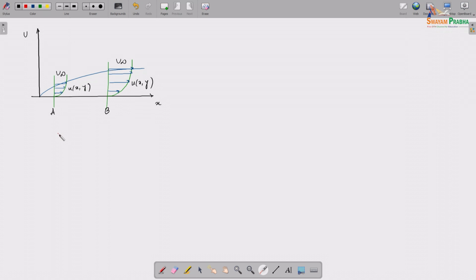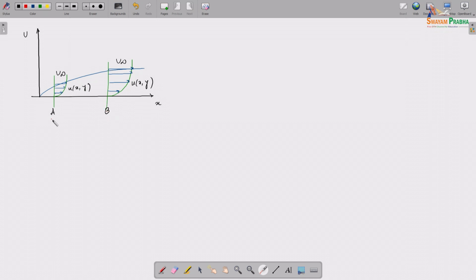So essentially what that means is that if I look at the velocity profile at a particular location and then scale it up, I'm going to get the velocity profile at the other location.